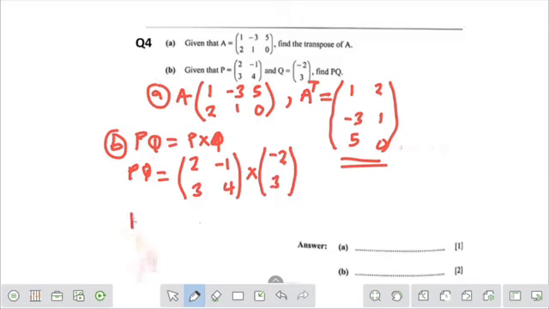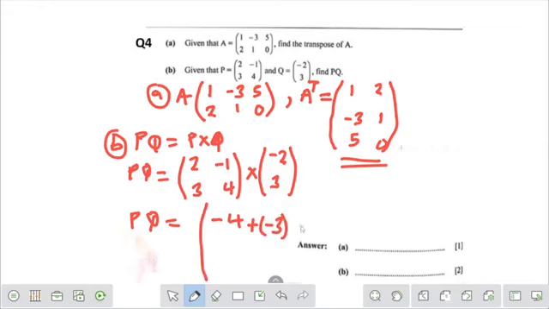So from here we are going to have PQ equal to, row times column, again row times column. So 2 times negative 2, this will be negative 4, plus negative 1 times 3, this will be negative 3. So we are done.